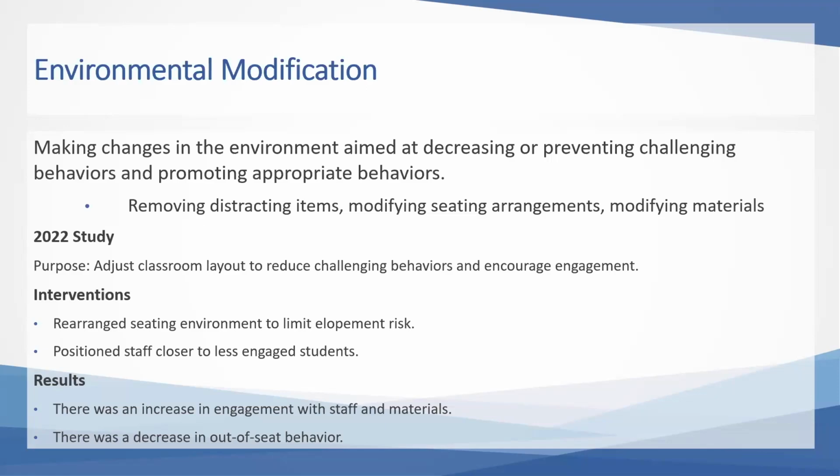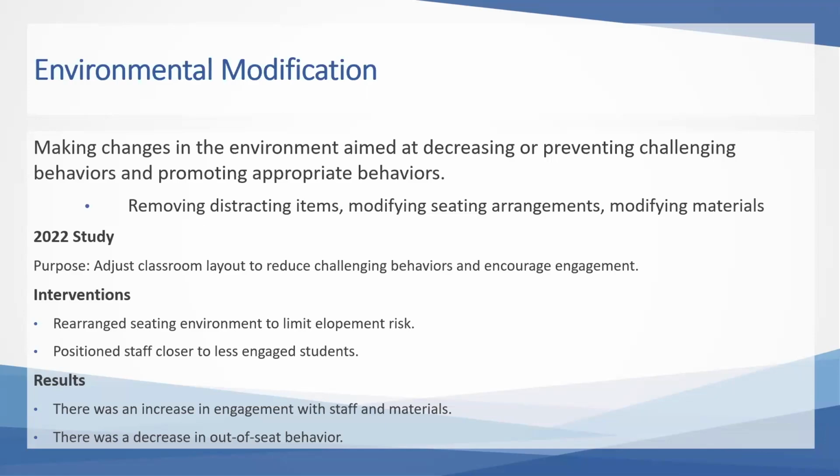The goal here is to set up the space in a way that naturally supports success before issues even arise. So some simple examples of this can include removing distracting items, adjusting seating arrangements, or modifying materials to better fit the student's needs. These might seem like really small changes, but they can have a huge impact on how students respond in the classroom.